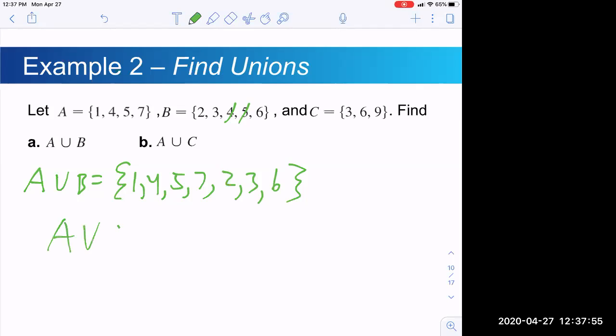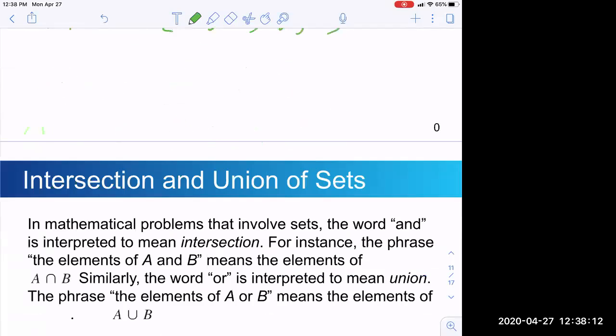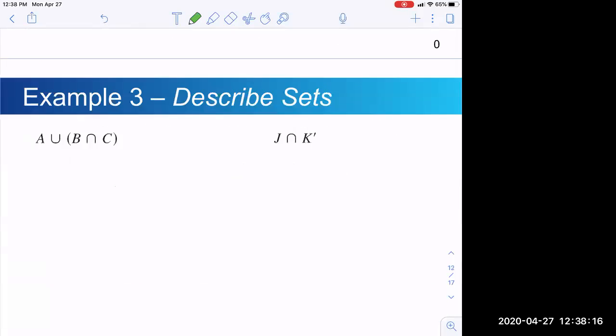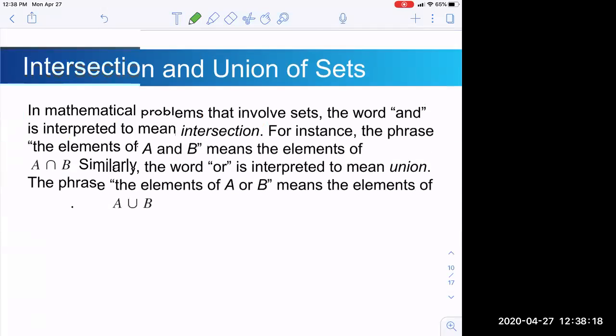A union C. I've got 1, 4, 5, 7. That's in A. None of these are in A, so I add all those again. I want to see if they show A union C. Nope.